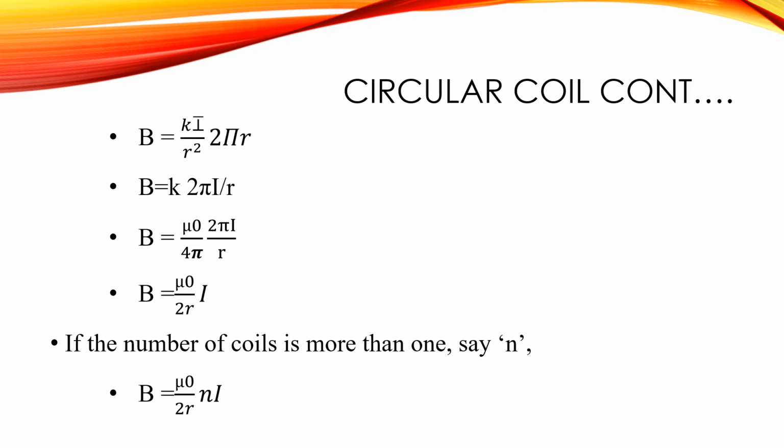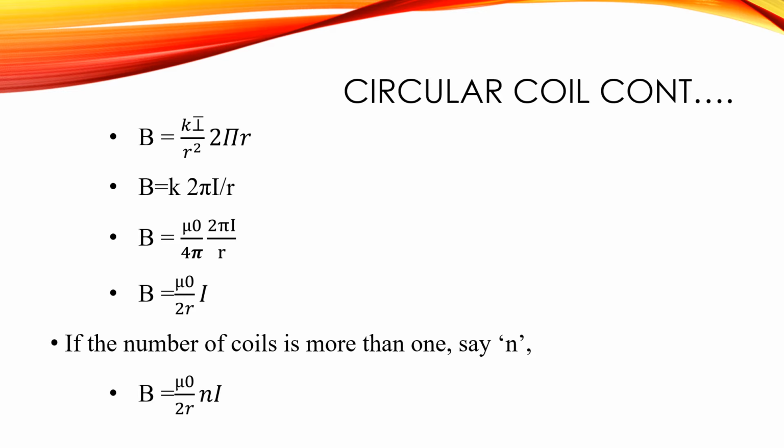K is mu 0 by 4 pi, so substituting the value of K, B is mu 0 by 4 pi into 2 pi into I upon r, and simplifying, we get B is equal to mu 0 I by 2r.